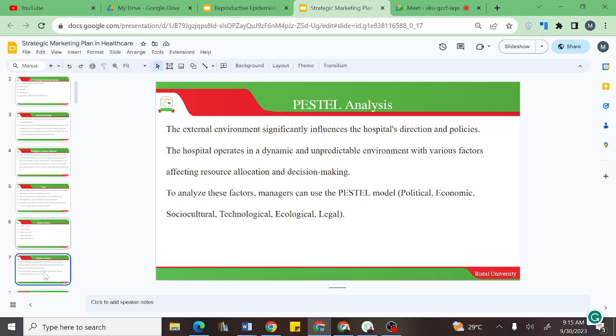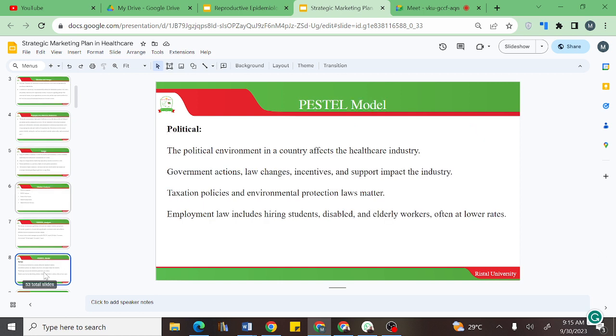So PESTEL stands for P for political, E for economic, S for social culture, T for technological, E for ecological, and L for legal.